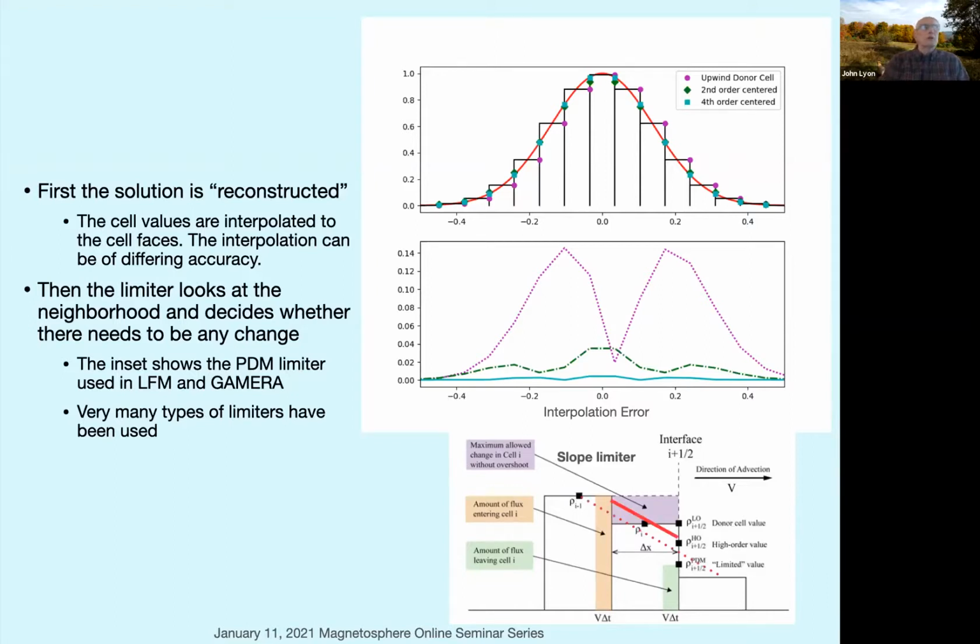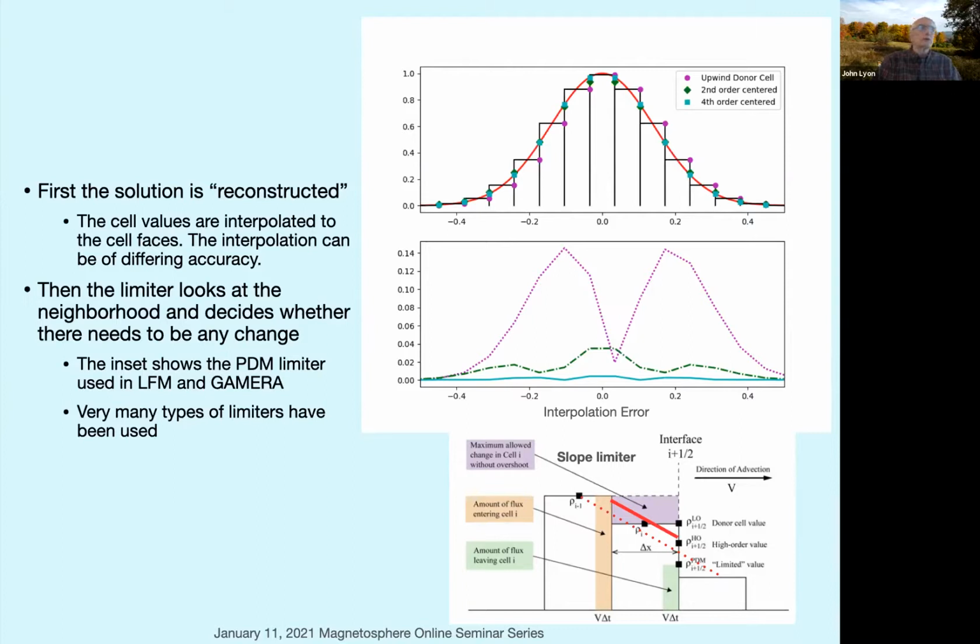There are other ways of doing this. One common method is a slope limiter, which basically here I've shown the slope between row I minus 1 and row I plus 1. And if you apply that slope to the row I, you get a limit on how high or low the interface value, that is at I plus a half, can be.